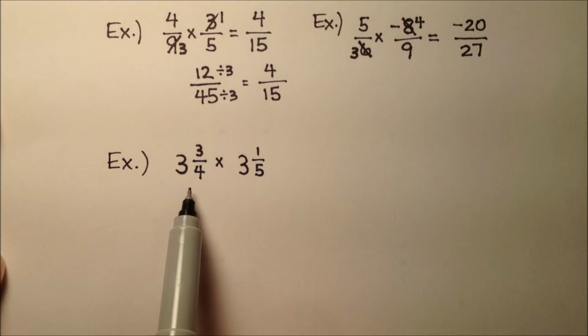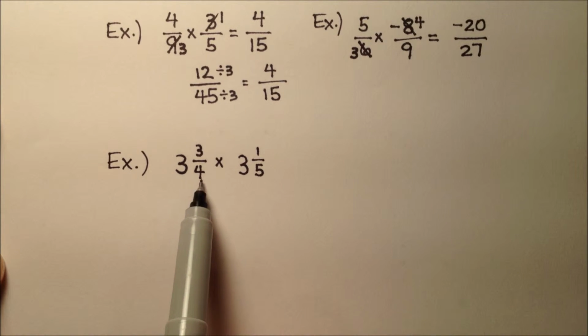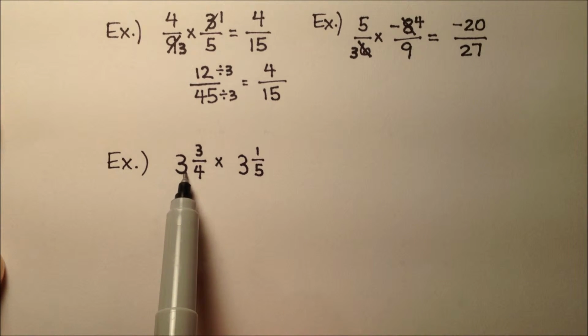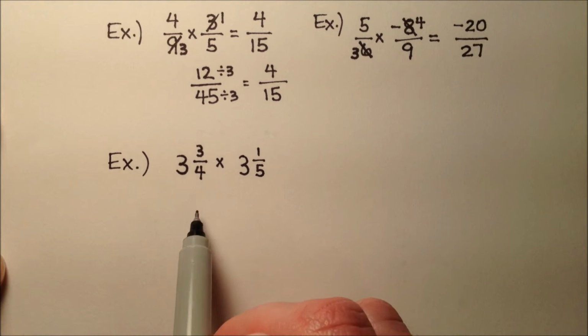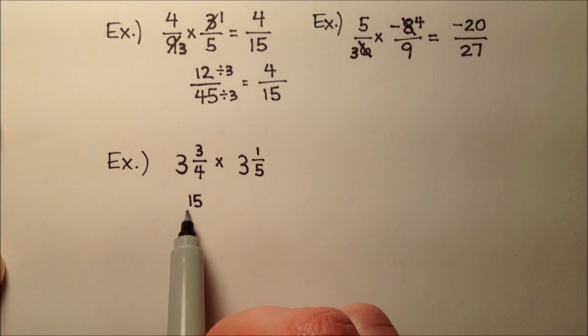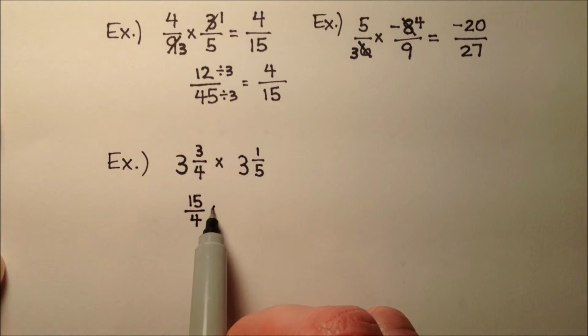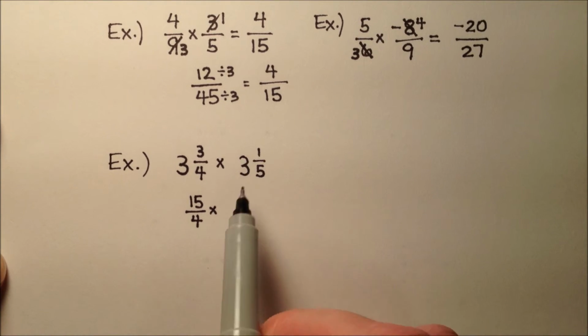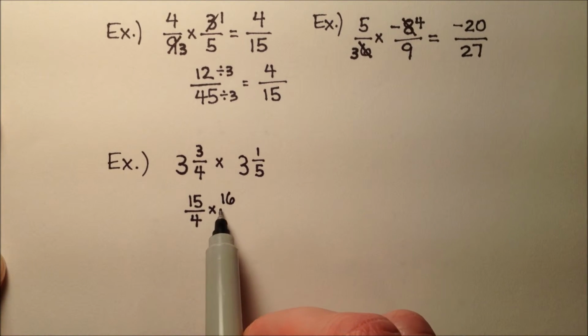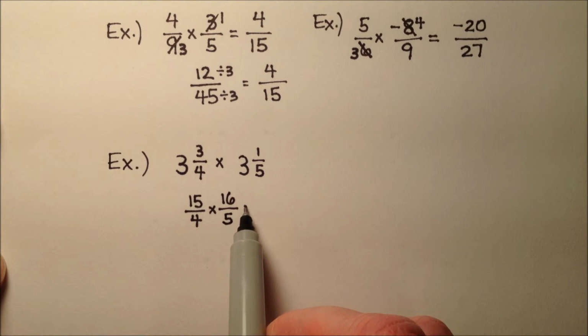So for this first one, 3 and 3/4, in order to change this to an improper fraction, we're going to multiply 4 times 3, which is 12, add this 3 from the numerator, and that's 15 over 4. And we're going to multiply that by 3 and 1/5, which when we change into an improper fraction, 5 times 3 is 15, plus 1 is 16 over 5.